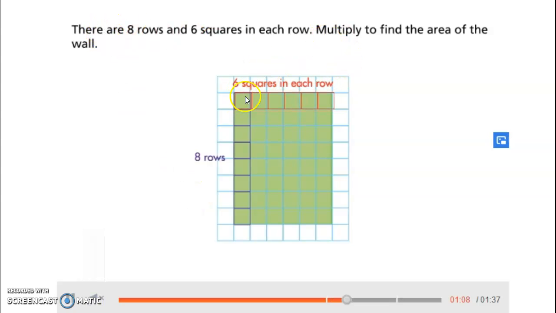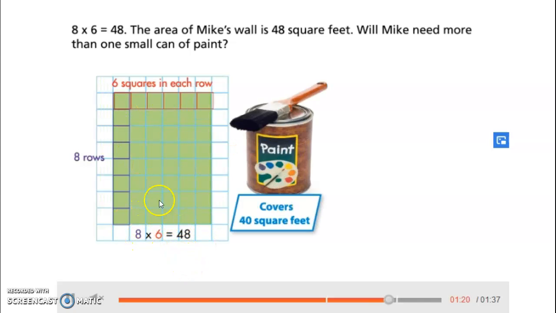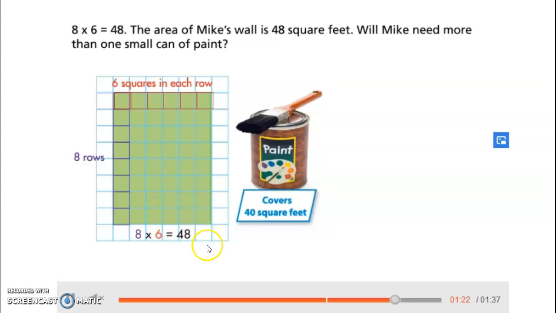Eight rows and 6 columns. And we can multiply 8 times 6 to find the area, which is quicker than writing down like you just did. It takes a long time to count all of this out. And 8 times 6 is 48.